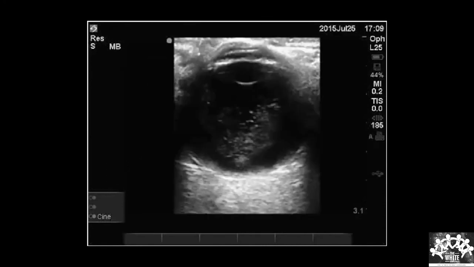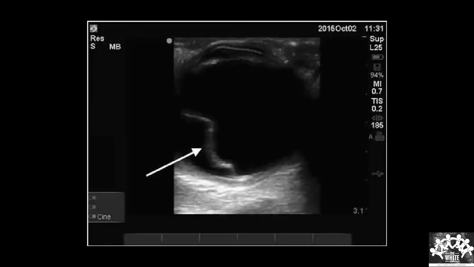Now, what do you think this is? First you tell me. See, there is something stuck here which has come off.